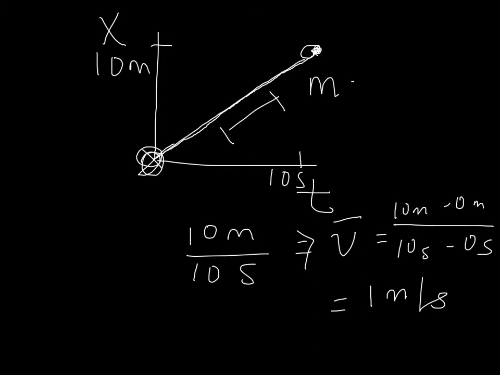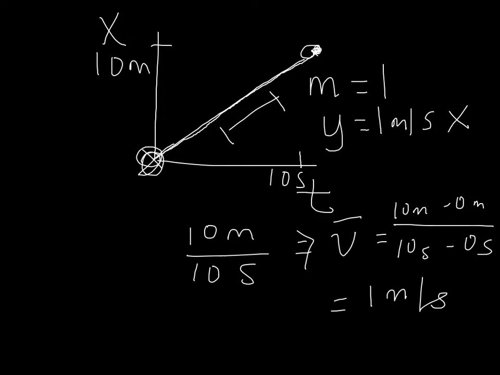So our m is 1. Our equation for this line would be y equals 1 meter per second x. So we could continue this graph on for a while, but there's kind of no sense to, because it's a pretty simple graph and the velocity or the slope is constant.